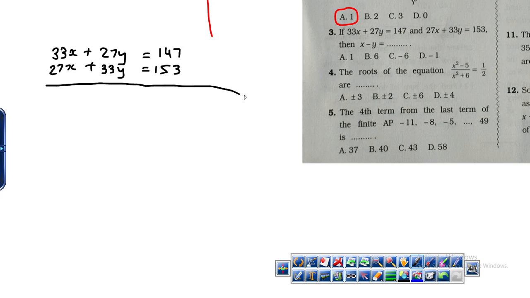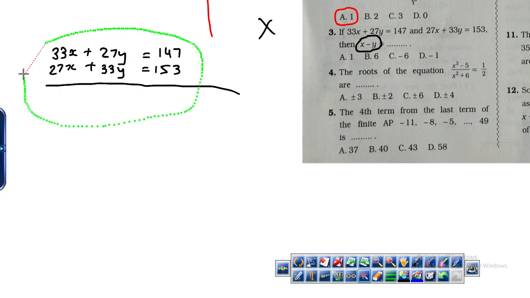If you carefully see, we will have to do elimination, the values of x and y will come, and then I will get the answer for x minus y. But that is a wrong strategy because doing elimination of these equations is very difficult and long. Trick is add both the equations and in the second round subtract both the equations.